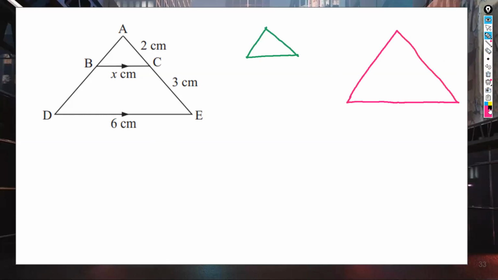Let's put in the values, right? Some people say they saw the trick already, which is good. So here's A, here's B, and here's C. But for the larger triangle, it's what? A, B, and E. Here's 2, and here's X. We know here's 6. But how much is this side?